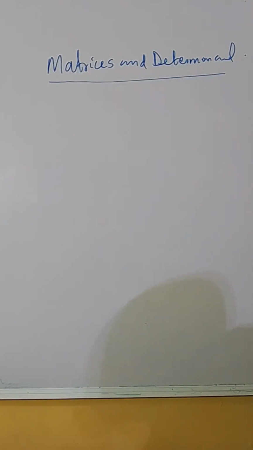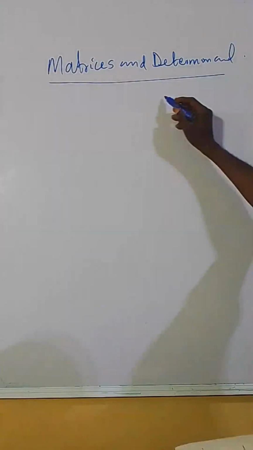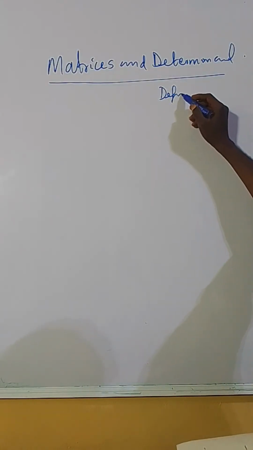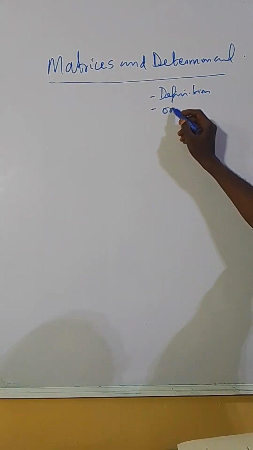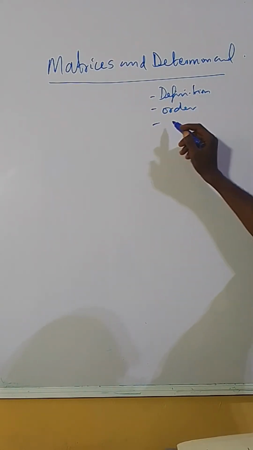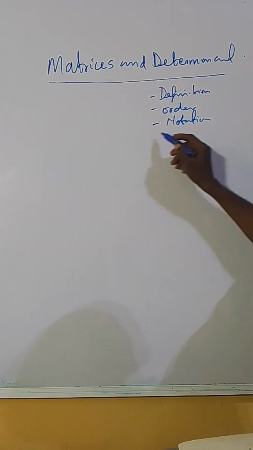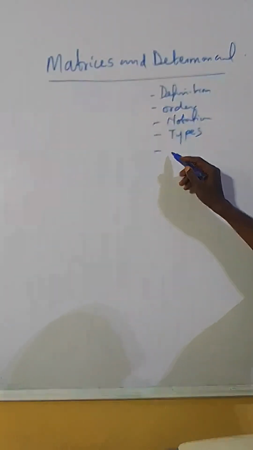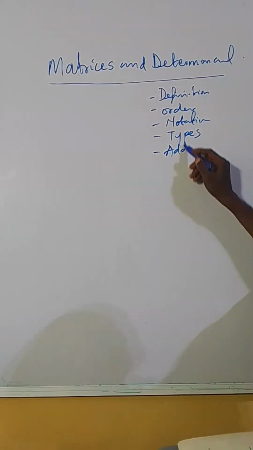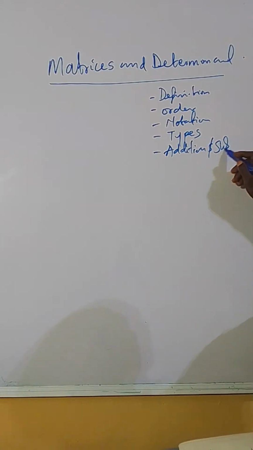So we started by looking at what a matrix is, the definition of a matrix. We looked at the order of a matrix, the notation of a matrix, the types of matrices, addition and subtraction of matrices.